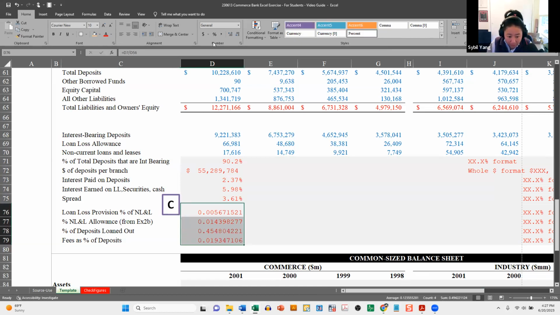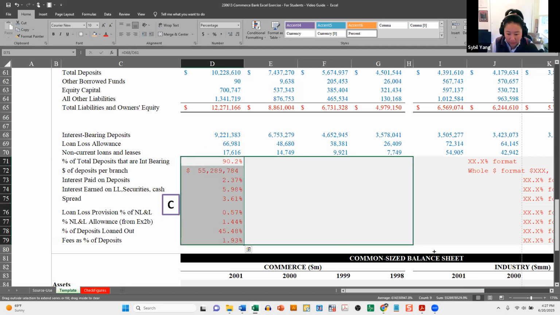These are all going to be percentages. And the reason why I may seem a little wishy-washy on the denominators is, just as long as you're consistent with what the denominator is and that you're comparing apples to apples. So if you're going to use interest-bearing deposits for the denominator, do that for Commerce and do that for industry. Don't mix metrics between comparisons.